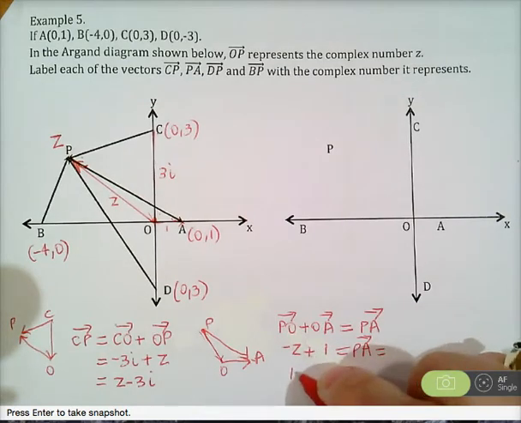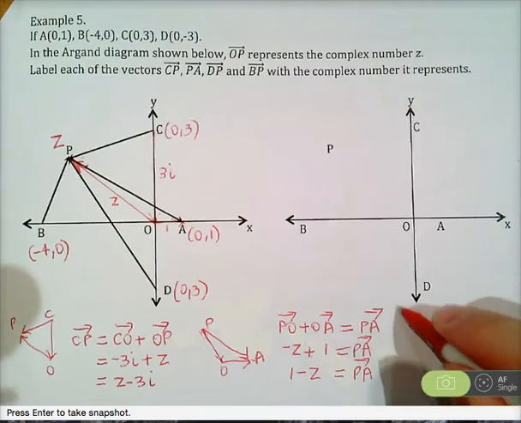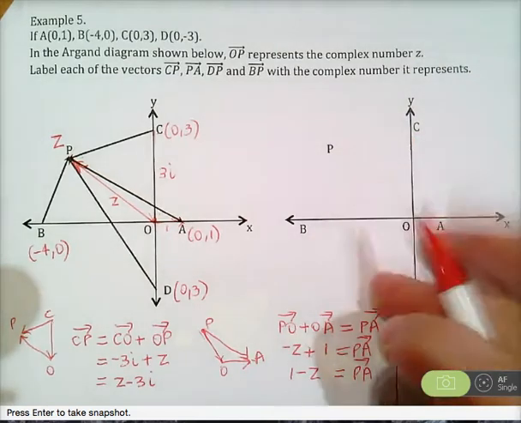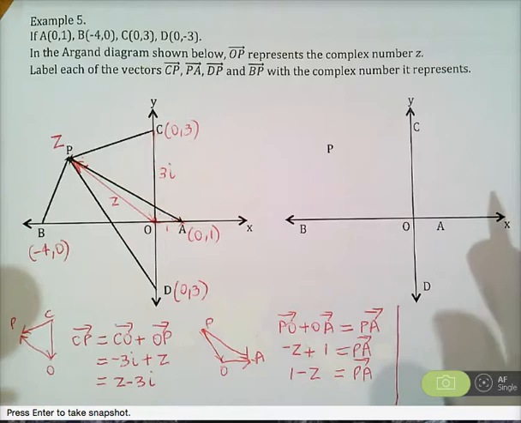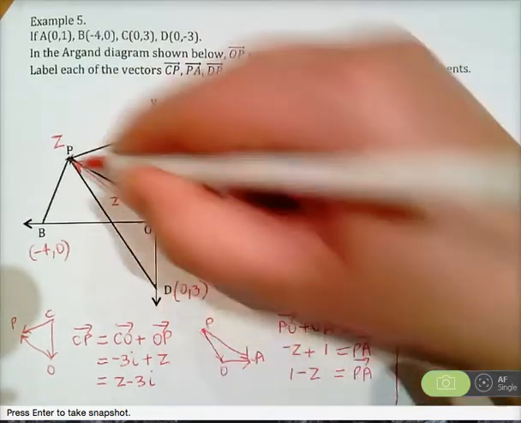Okay, now let's look at some other ones. I think I'll do the others up here on the diagram. Okay, we're looking for DP. So how do we go from D to P? So we want to go from D to P. Now that's our resultant vector.